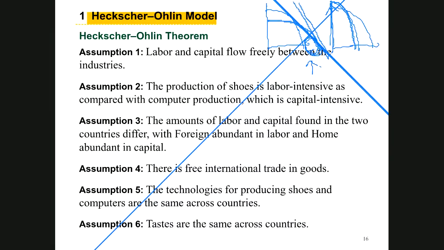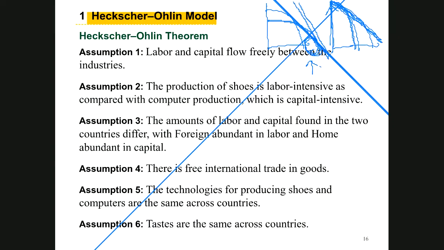On the other hand, sorry, I don't know why it just showed up as a straight line. On the other hand, the capital abundant foreign country will tend to produce more capital intensive goods.